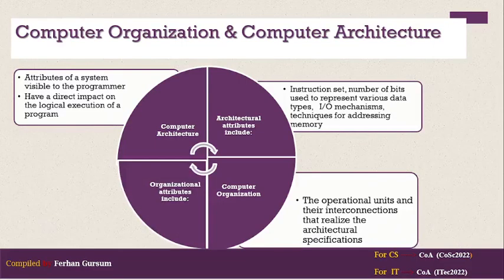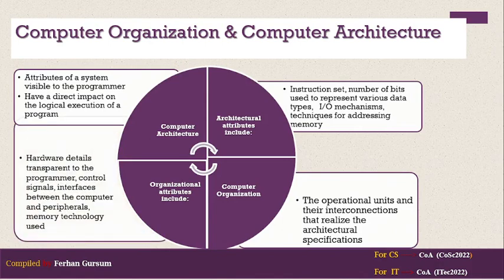When we come to this, organizational attributes include hardware details transparent to the programmer. Okay, that one is visible to the programmer. This one is what? Transparent to the programmer. Control signals, interfaces between the computer and the peripherals, memory technology used. Okay, these are attributes that are available under computer organization.